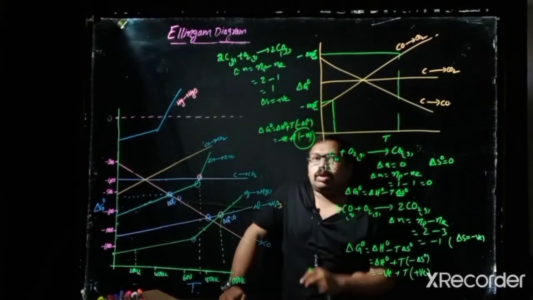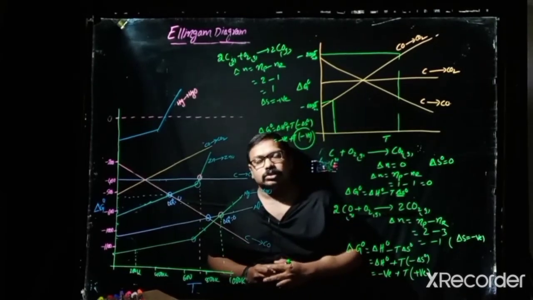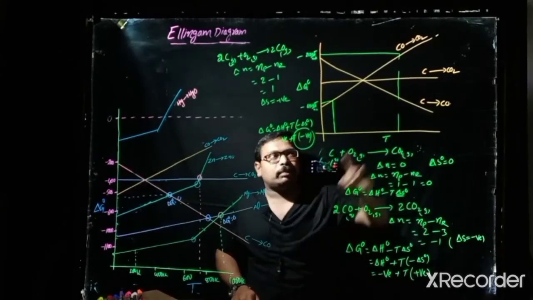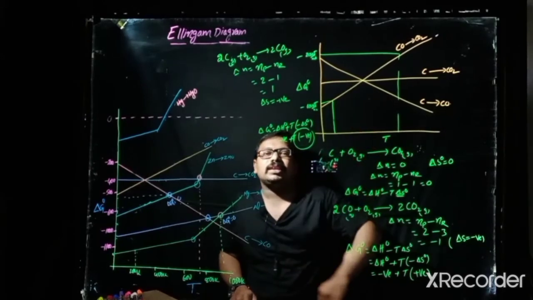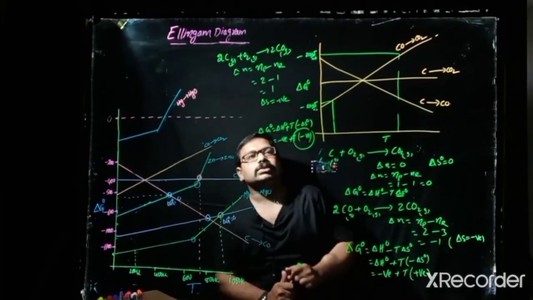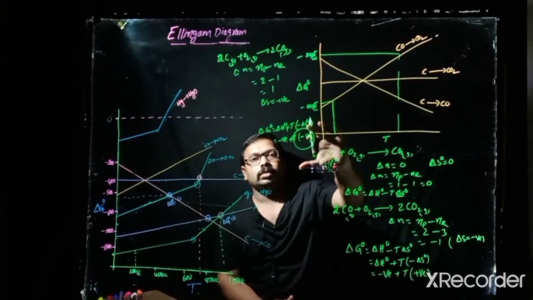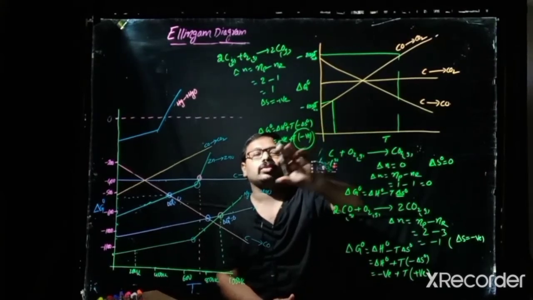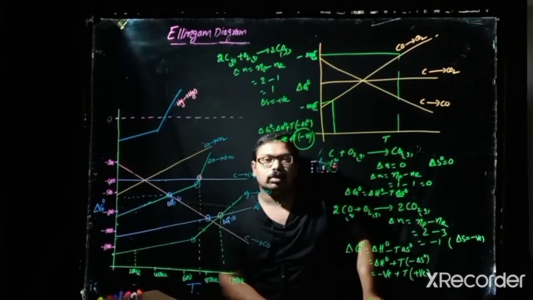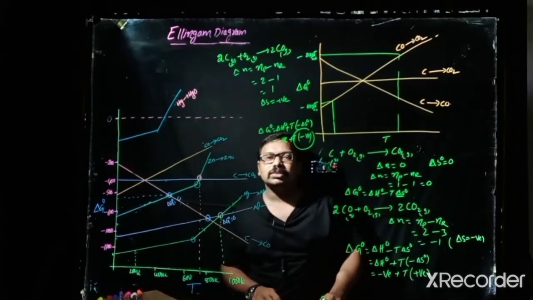So at low temperature the standard Gibbs free energy value is less negative, and whenever the temperature is increasing, the standard Gibbs free energy term will be more negative. Because as temperature increases, this term will be more when compared to this, so overall we are getting more negative. Just like that we can explain these two curves.